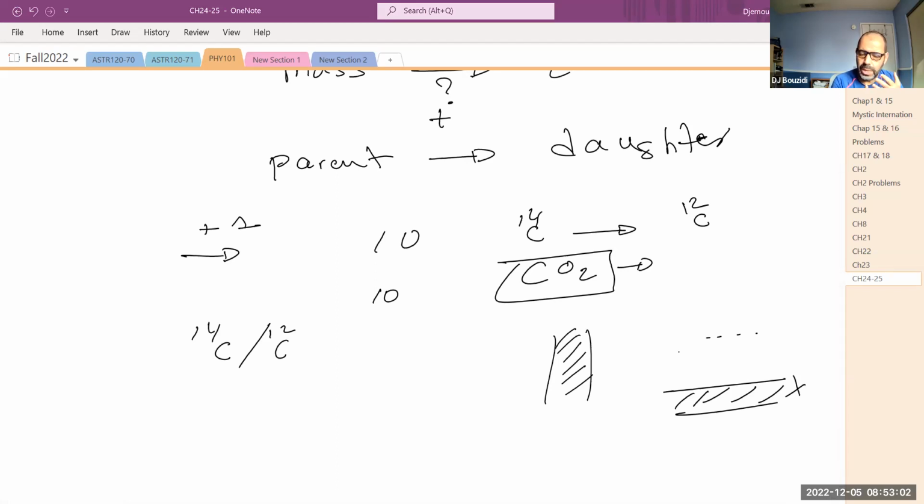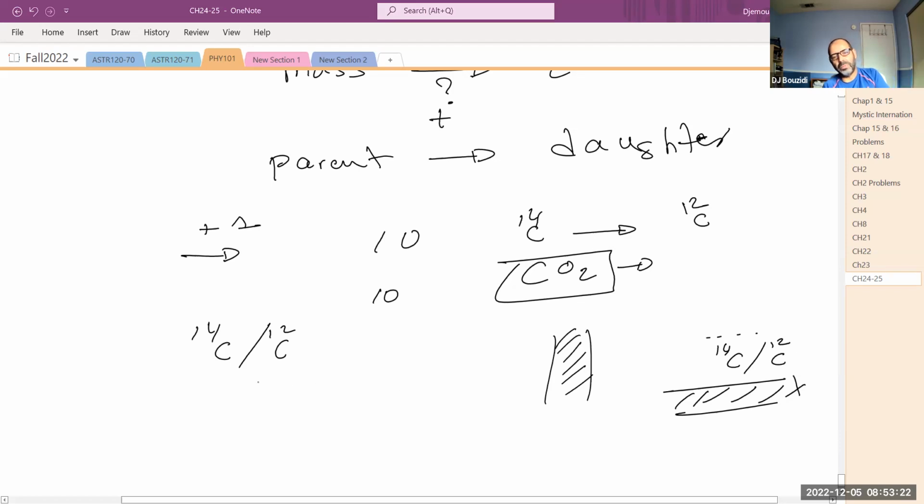So I can come in and find the ratio in this dead tree, for example, and determine that ratio. Of course, it's going to be a lot less than in a living plant. Then I can determine when that plant died, when it stopped consuming carbon.